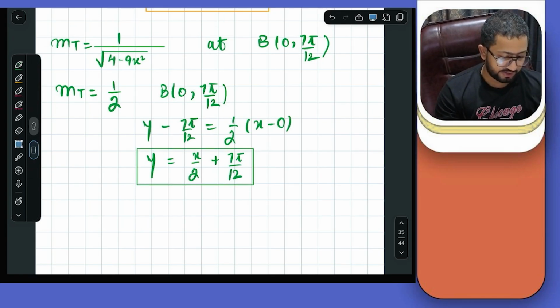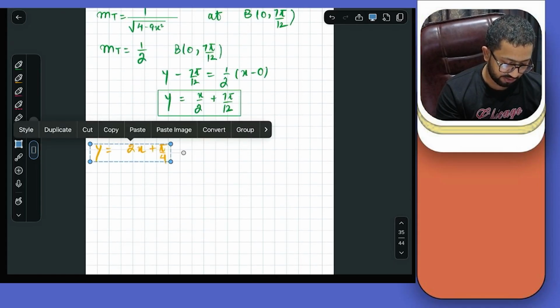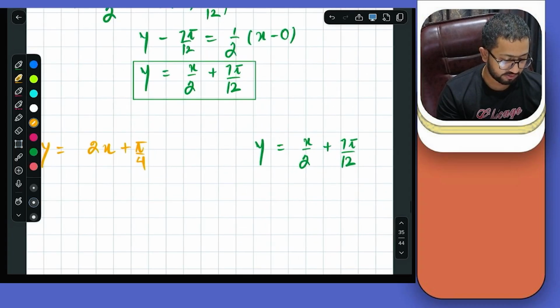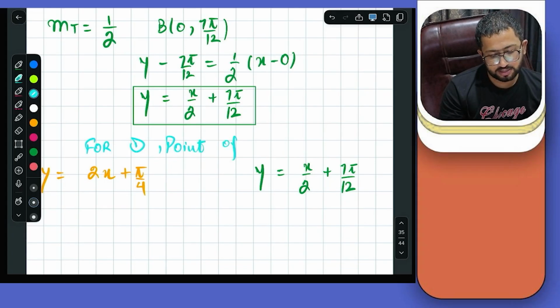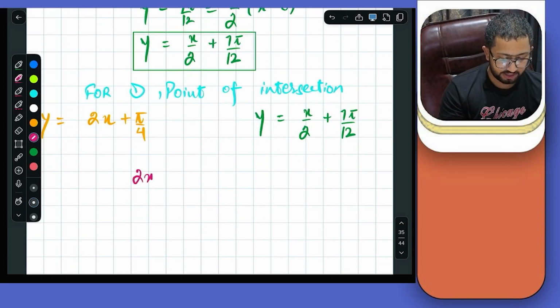That is the equation of the tangent and that is the equation of the normal, and D is the point of intersection between the normal line and the tangent line. Everyone knows how to find the point of intersection by using simultaneous equations. Put them equal to each other.